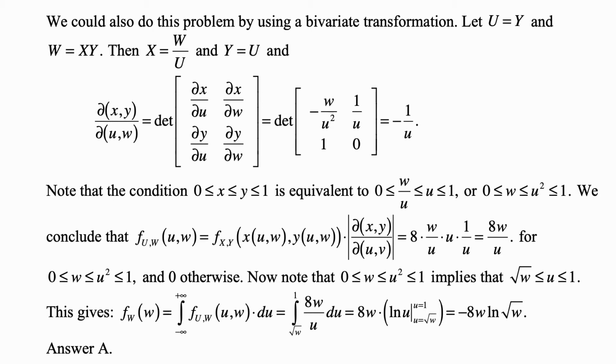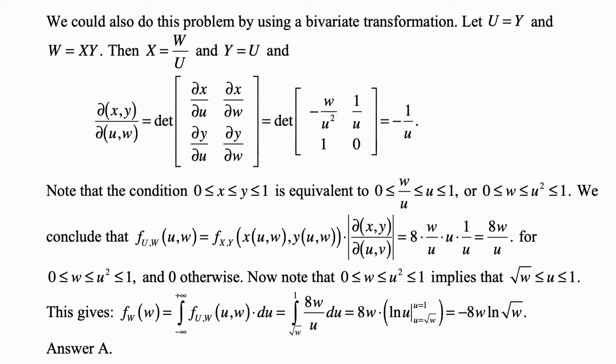Now we could also do this problem by using a bivariate transformation. So we let u equal to y and w equal to xy. We want the density of w, but if we're doing a bivariate transformation, we need two random variables.